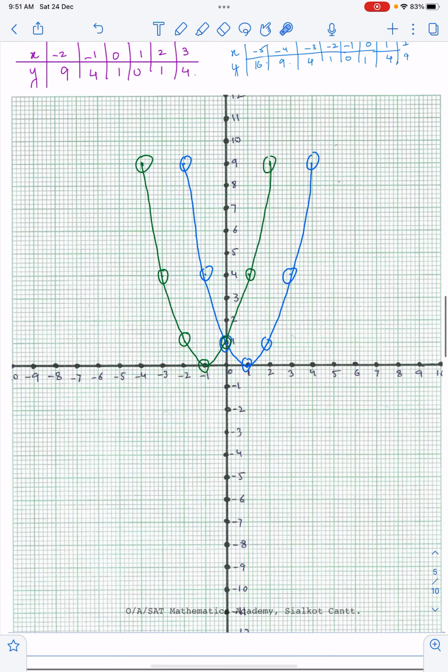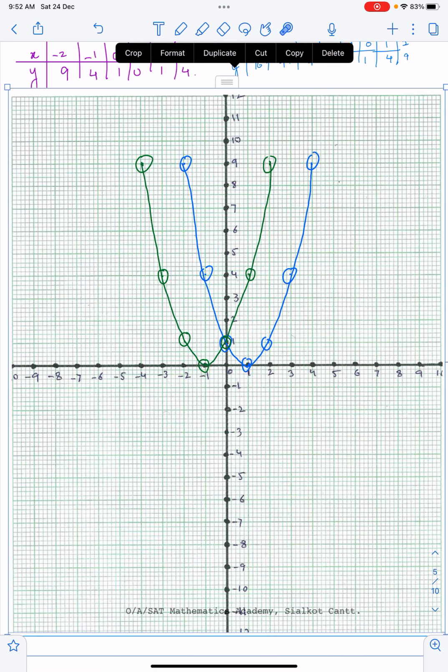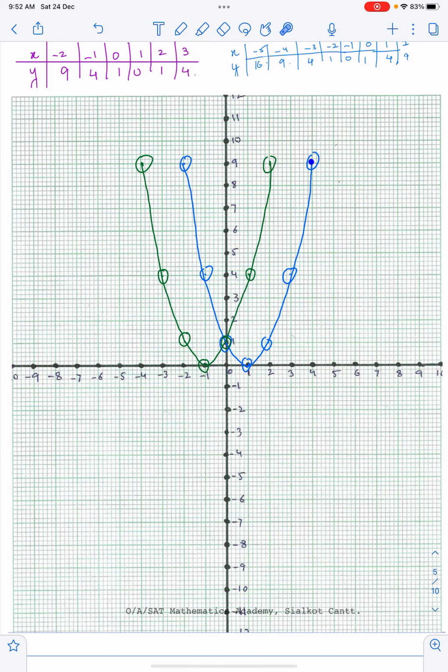That means the y coordinates remain the same, but the x coordinates change their sign, so they are the same distance from the y-axis. Take any y coordinate, like for instance this one. The y coordinate is obviously the same. The image of this is this, so the distance is 4 units here, 4 units here, so this distance is also 4 units.